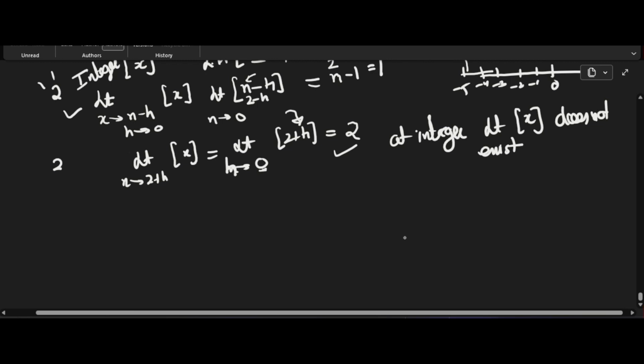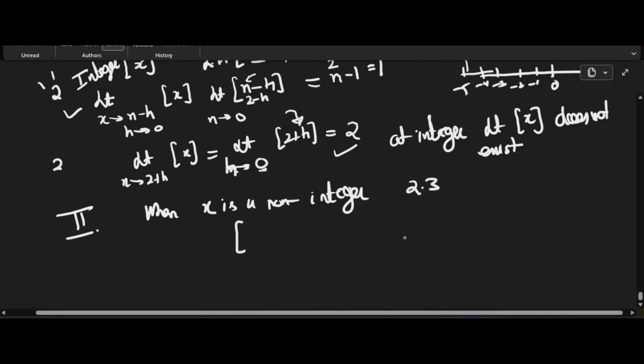Now let's see another situation. Situation number 2 is when x is a non-integer. For example, x is 2.3. Say the limit is as x tends to that non-integer value, 2.3 minus h, where a very small number h, tending to 0, gets subtracted.